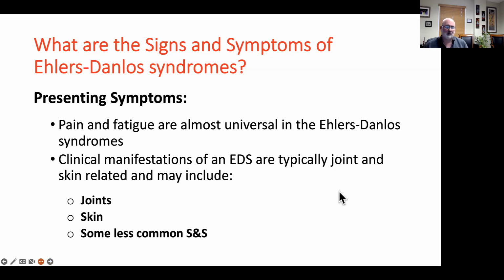But in questioning, you can see it, and usually there are family members that we can identify. The first thing that I always ask is: do you bruise easily? Do you bleed more than normal? Do you scar differently?